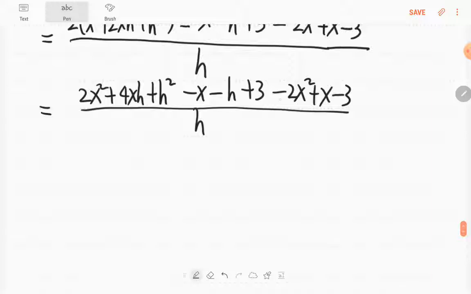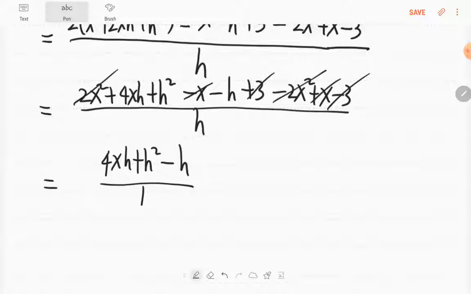Let's simplify it. 2x squared minus 2x squared, cancel out. Minus x, plus x, cancel out. Plus 3 minus 3, cancel out. And what do you have? You have 4xh plus 2h squared minus h, over h. If you simplify, you divide h on the top and the bottom, so it would be 4x plus 2h minus 1. Right? This is your answer.